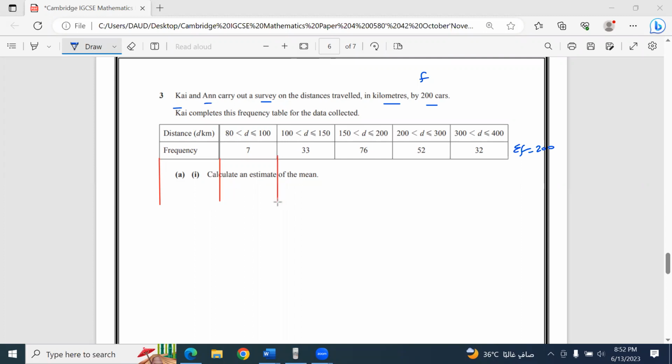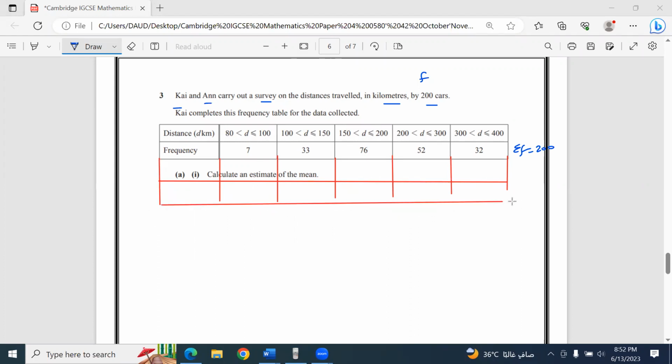We need 2 more boxes to complete. Then draw from here and draw one another line. This one.